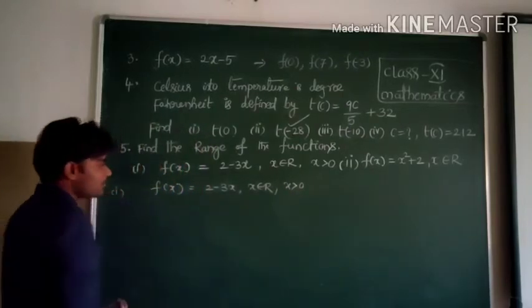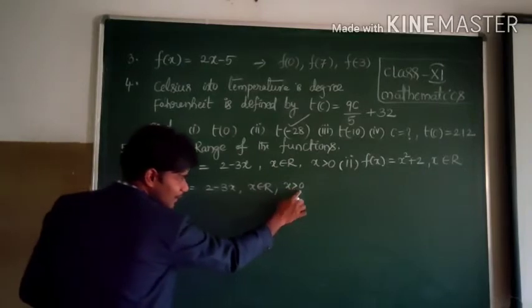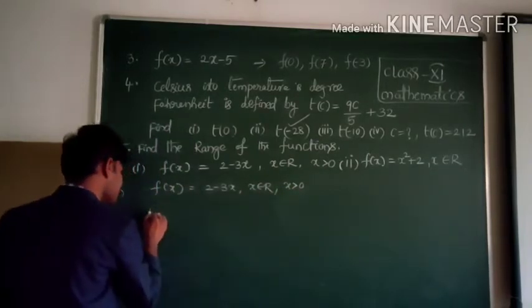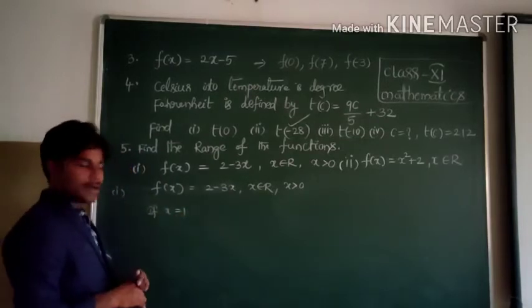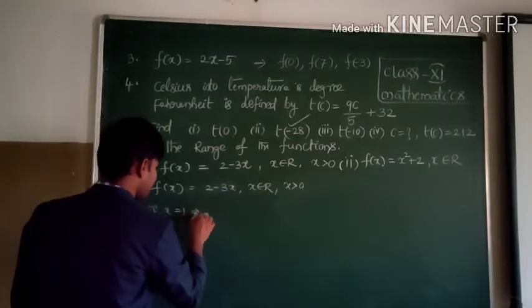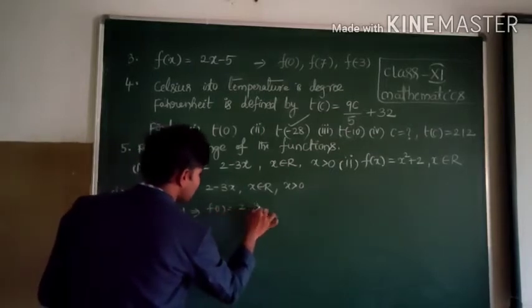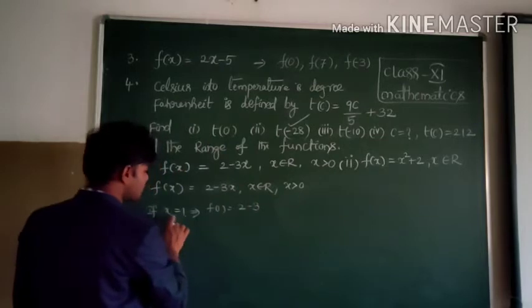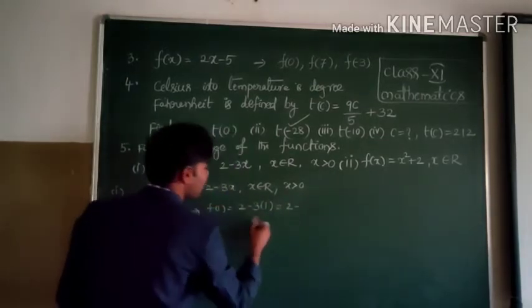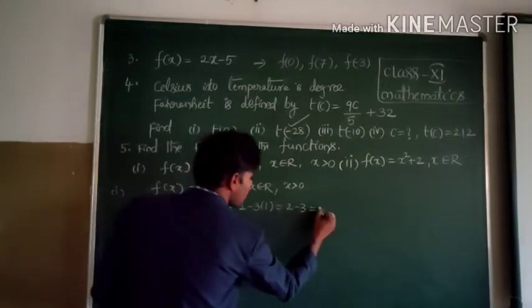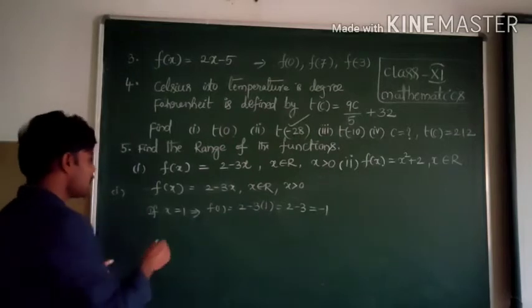So if I take x equal to 1, then f of 1 is 2 minus 3, substituting 1 in place of x, which is minus 1.